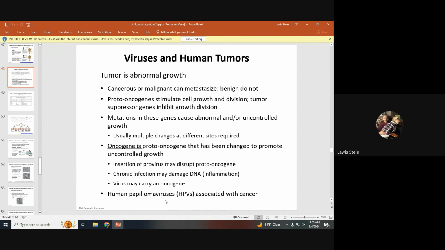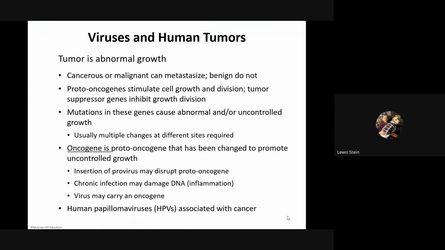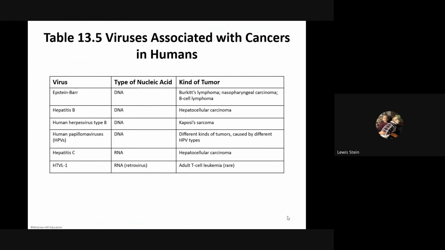When we get to the urinary tract, we'll look at HPV and those particular subtypes, which are the ones the HPV vaccine, originally Gardasil, targets. These are examples you should know: Epstein-Barr, hepatitis B, HHV8, which is Kaposi sarcoma, and more famously now hepatitis C and liver cancer.